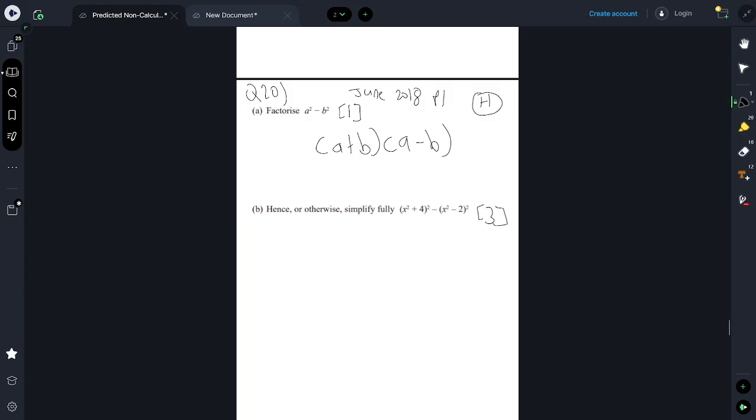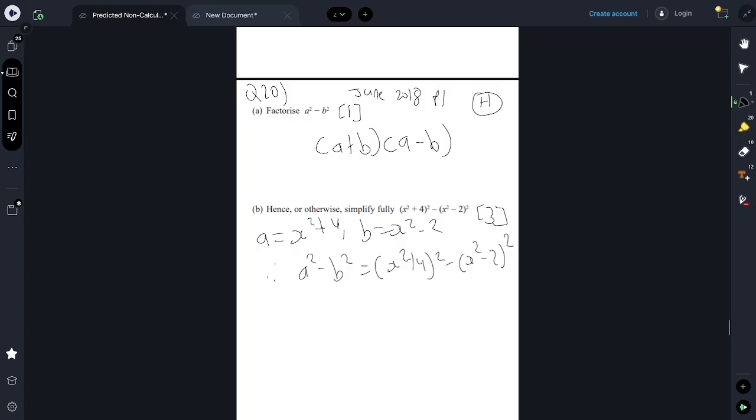Okay, let's say a is x squared plus 4 and b is x squared minus 2. Well, isn't this the exact same as saying a squared minus b squared? Isn't that exactly the same?